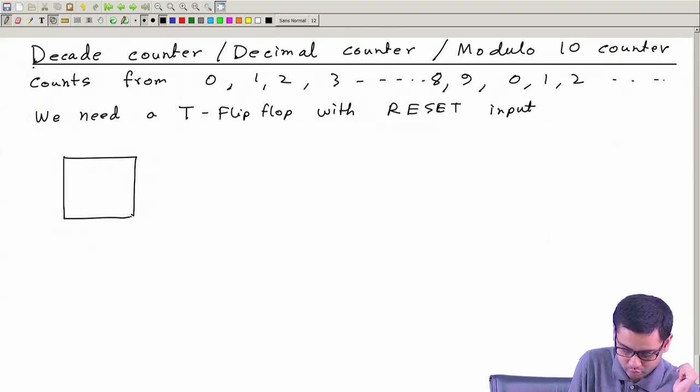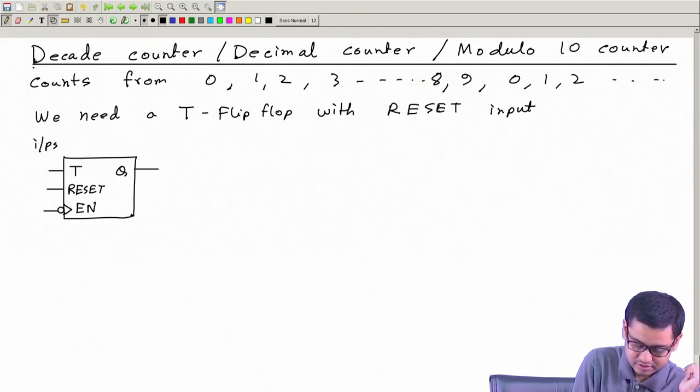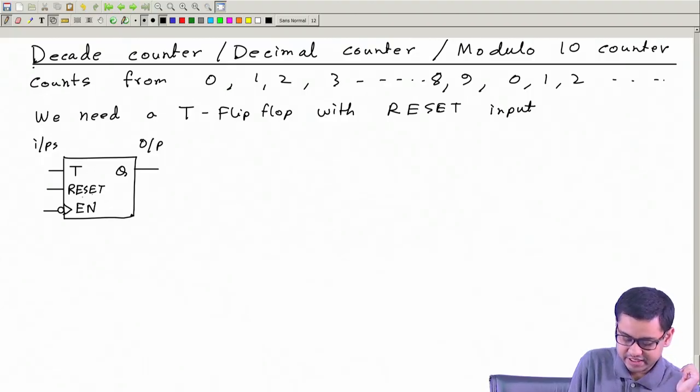As you already know, a T flip-flop has input T and a clock enable. I'm taking a negative edge triggered T flip-flop. This is the output. This is the normal T flip-flop. But now we are going to use a modified one which will have another input, call it reset. So it has 3 inputs and 1 output. This is a new one.